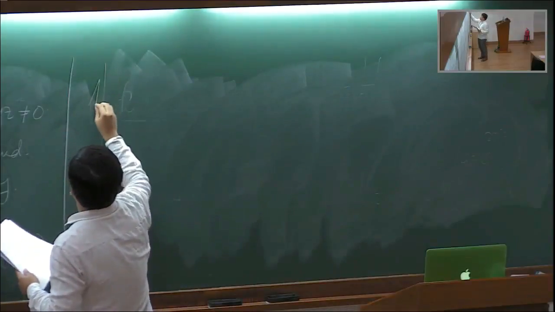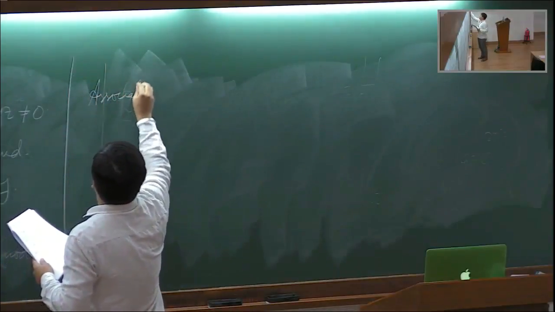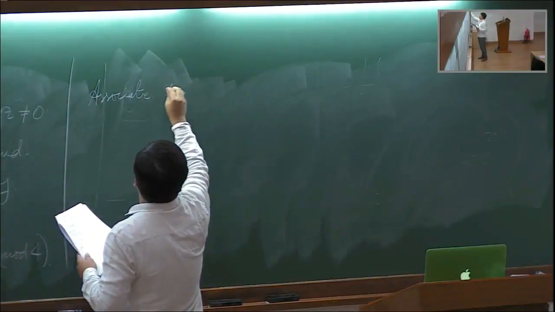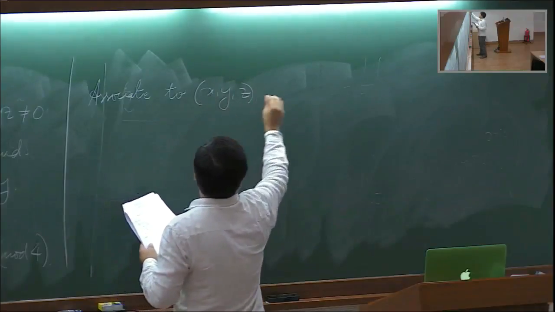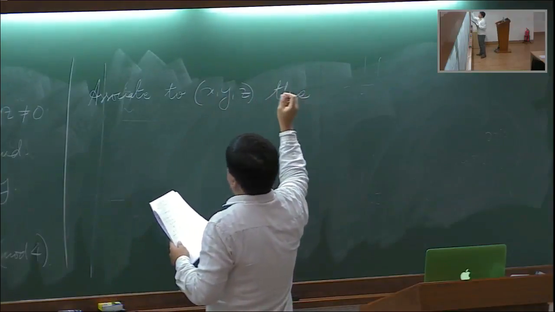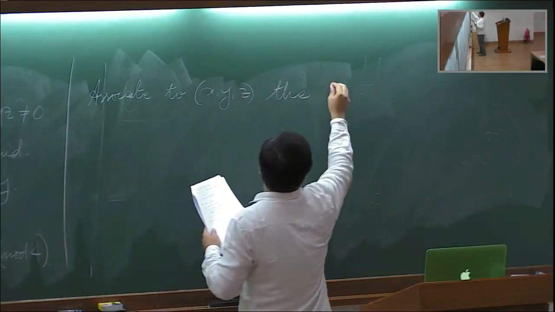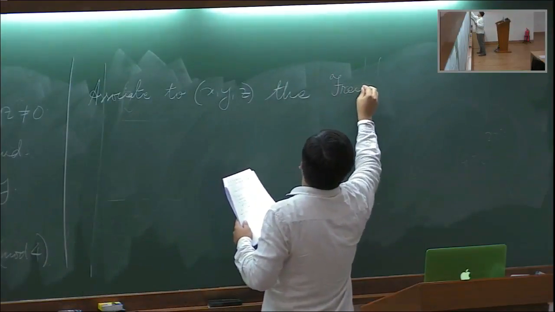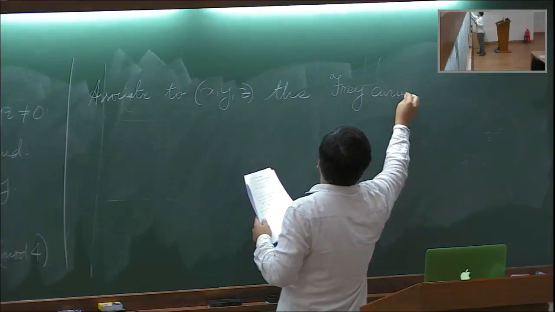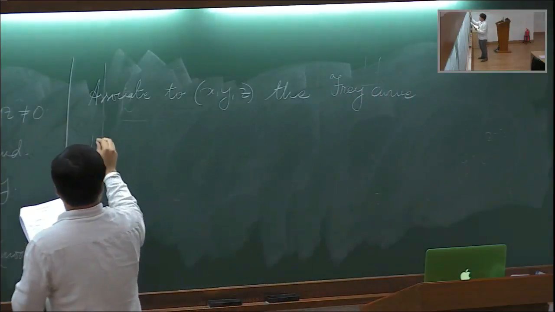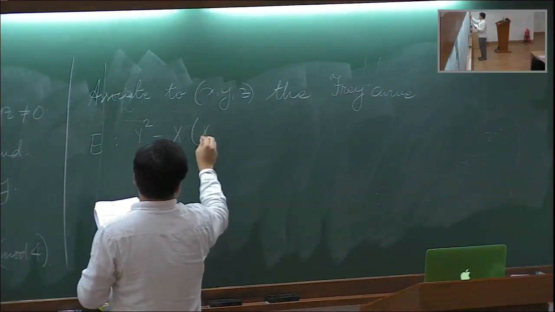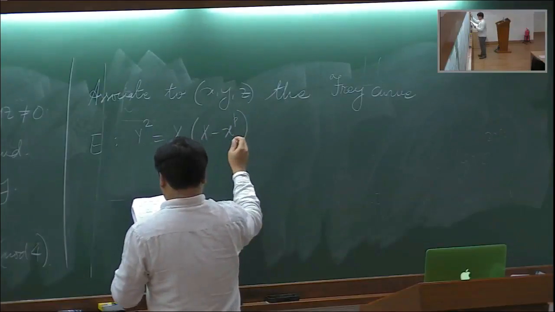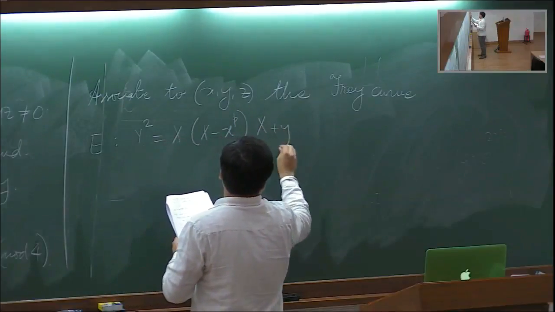Now associate to x, y, z, the solution, the Frey curve. So this Frey curve is E, which is given by y squared equals x times x minus x to the p, and then x plus y to the p.